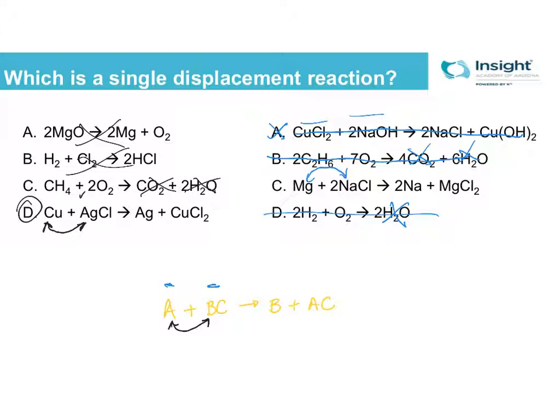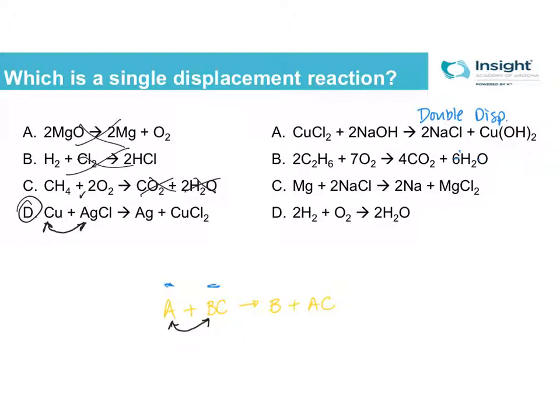So if you're having issues identifying any of these, because I mean at this point you should be able to take any of these equations and just identify what they are. All right? So if I were to erase all of this stuff, you should be able to tell me that this top one is double displacement.